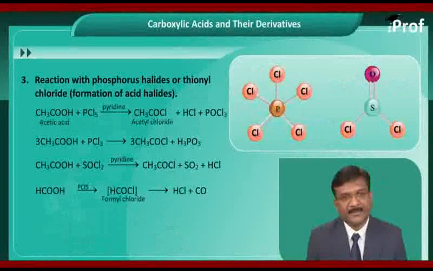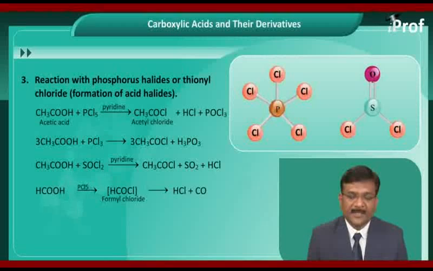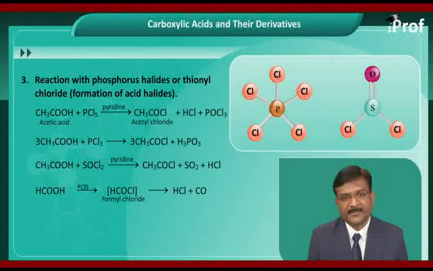The reaction is when acetic acid or ethanoic acid is treated with PCl5, phosphorus pentachloride, in presence of pyridine, then acetyl chloride CH3COCl is formed along with the liberation of HCl and POCl3. Here pyridine is used as an organic solvent.